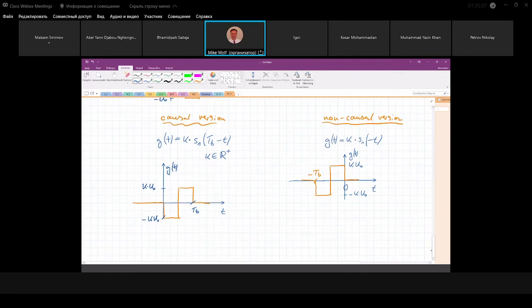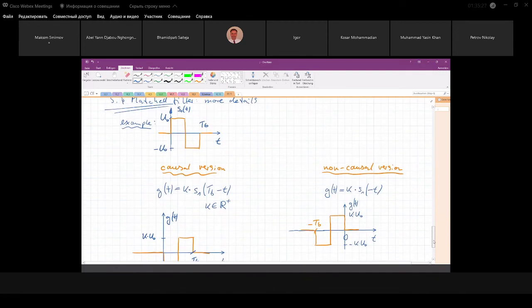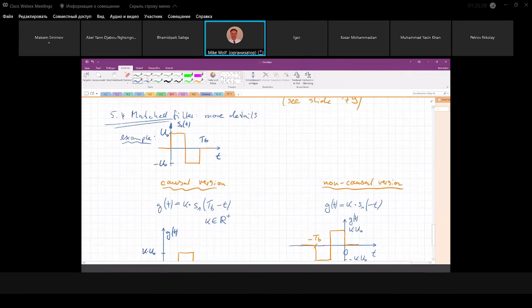Now we can discuss practical values of k. Let's come back to your example. Let's say you have an impulse response which looks like this. It's a strange example, but let's say it looks like this.